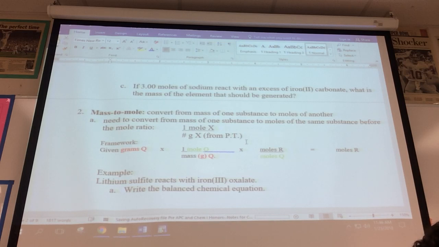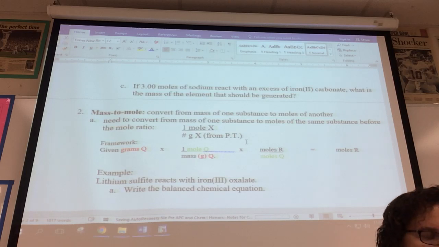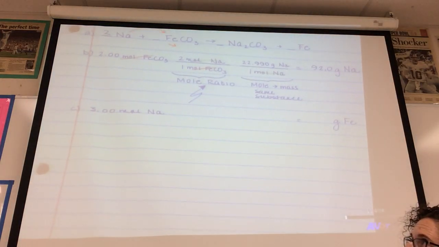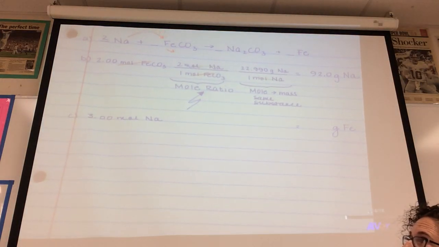What element gets generated? Iron. If it's generated, it's a product. The only element on the product side is iron. There's your setup. See if you can rip it.